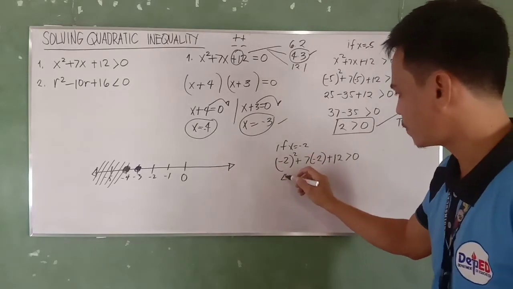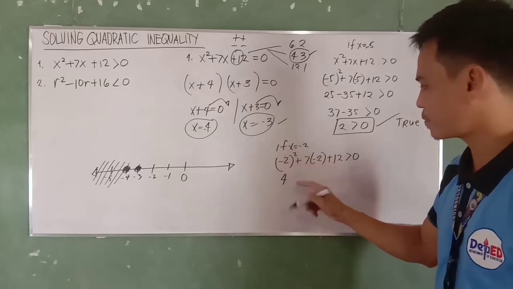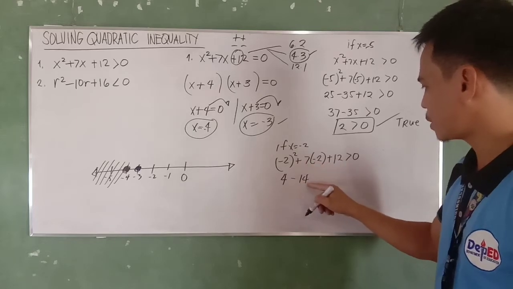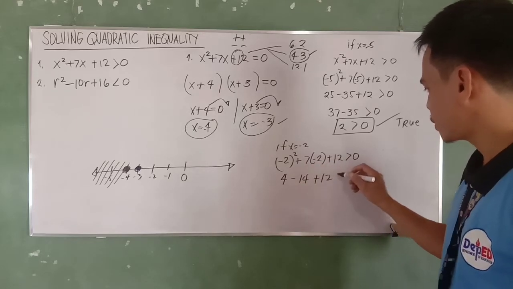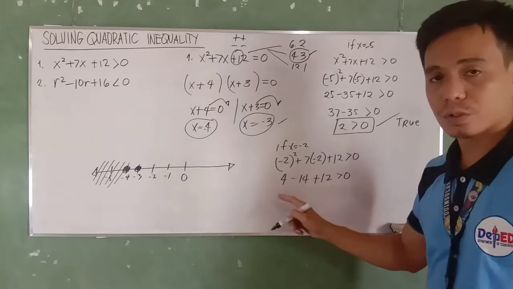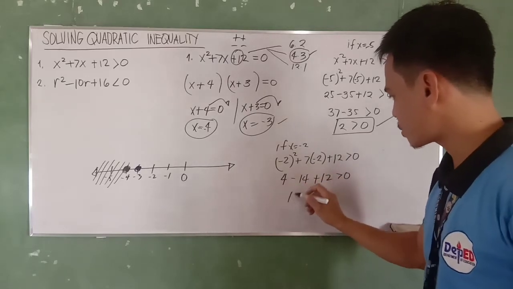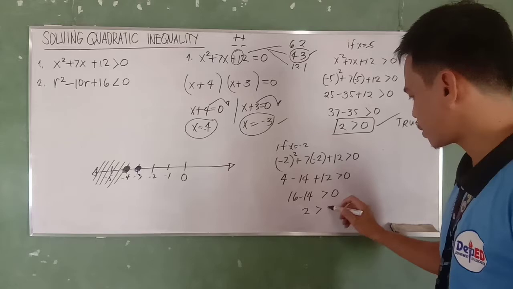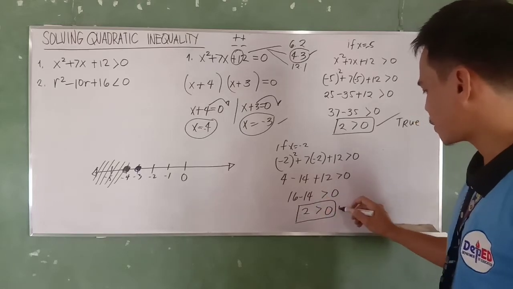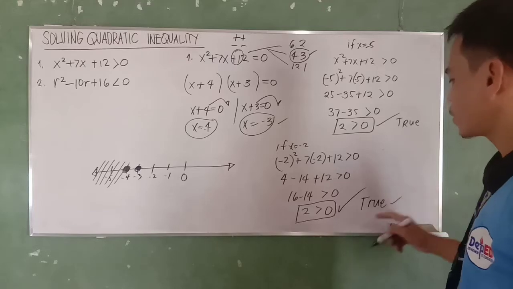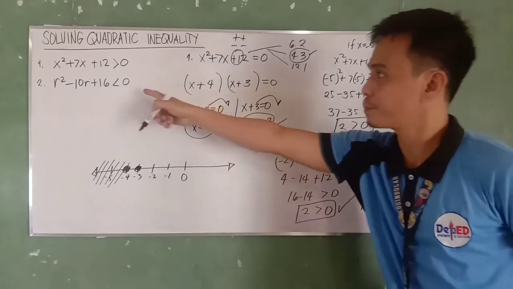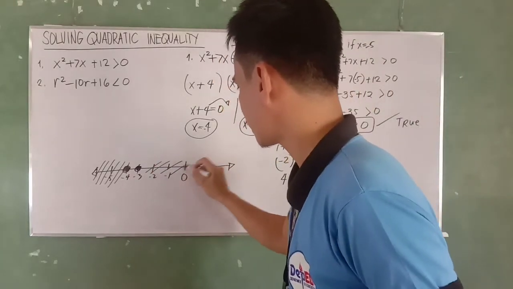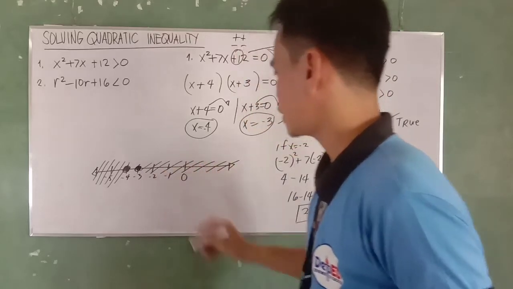This is positive 4, because 2 squared is positive 4, minus 14, because negative 2 times 7 is negative 14, plus 12 is greater than 0. Let's combine like terms first: 4 plus 12 is 16, minus 14 is greater than 0. So 2 is greater than 0. This is true, so negative 2 is a solution for our first given inequality. Therefore, this area is a solution.